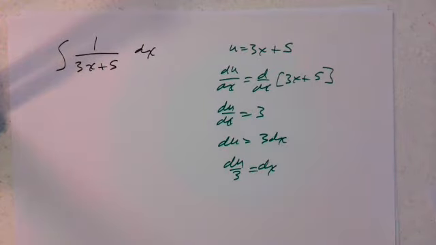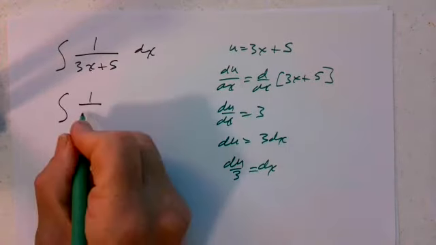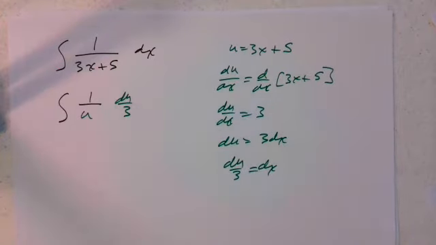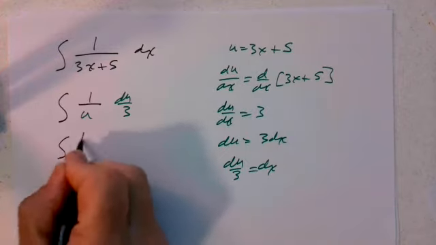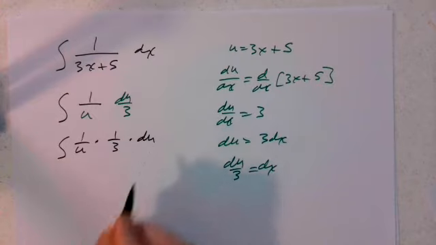So now where am I? I'm at the integral of 1 over 3x plus 5, 1 over u. dx is du over 3, which is really the integral of 1 over u times 1/3 times du.